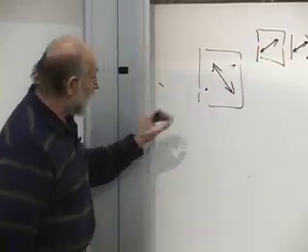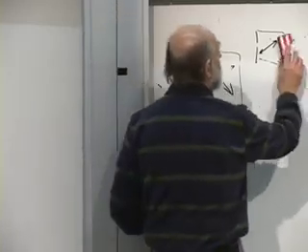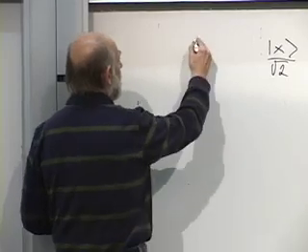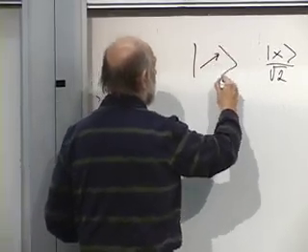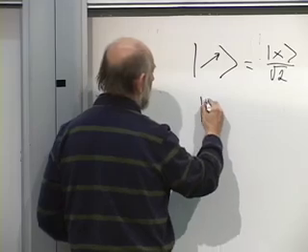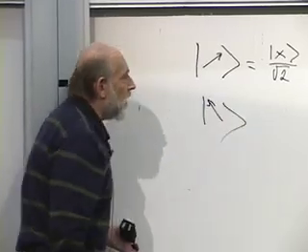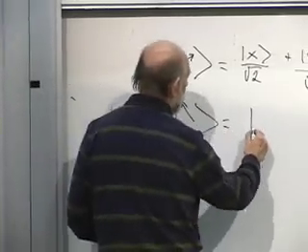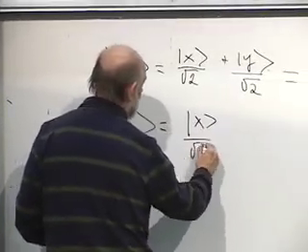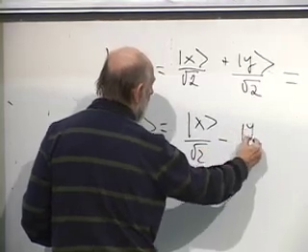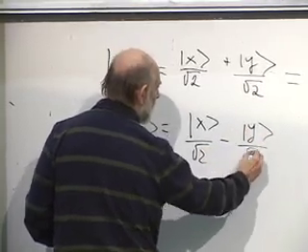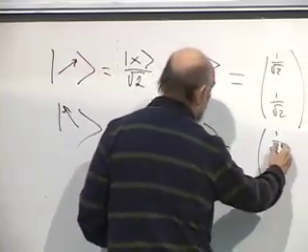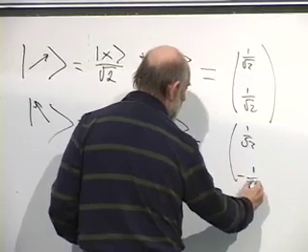So let's see if we can find a vector which is orthogonal to this vector. Well, it's not very hard. It's just x over square root of 2 minus y over square root of 2, represented by 1 over square root of 2, minus 1 over square root of 2.